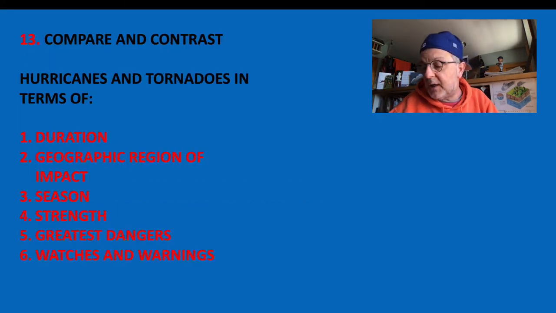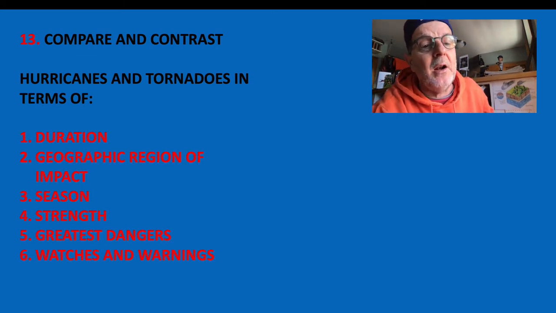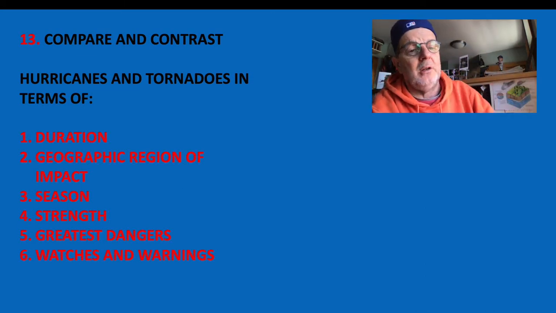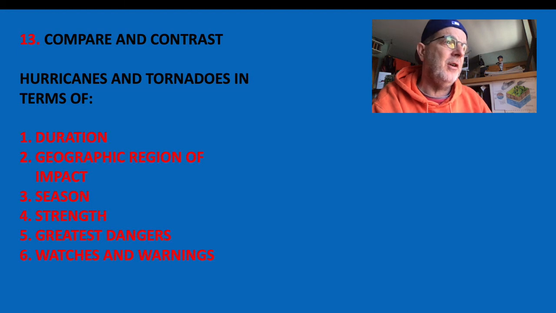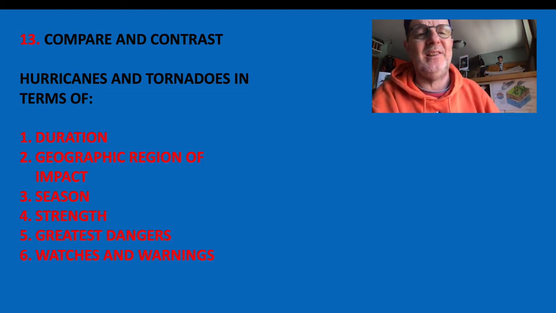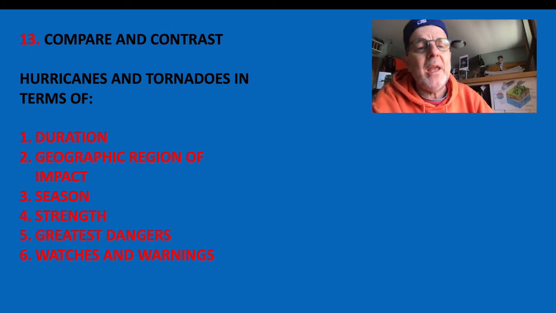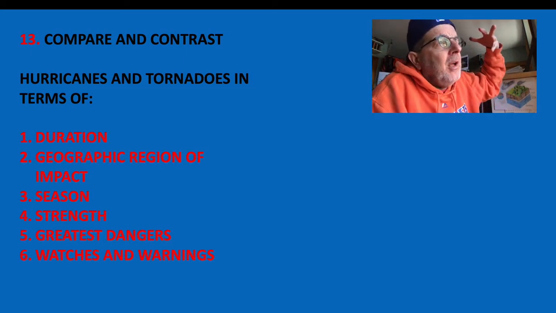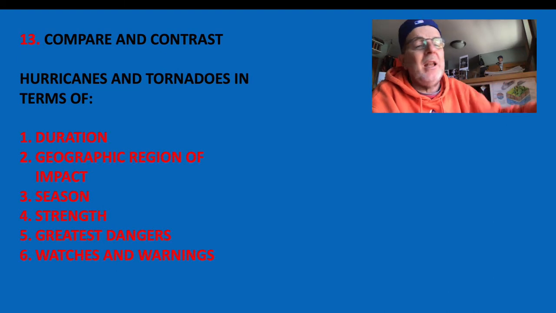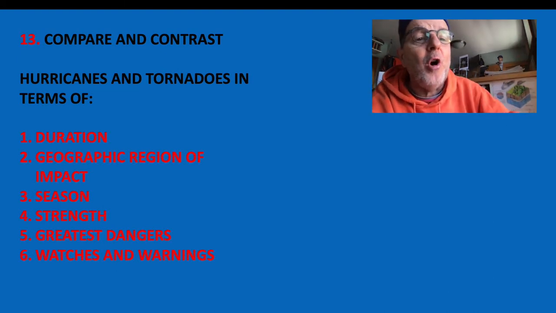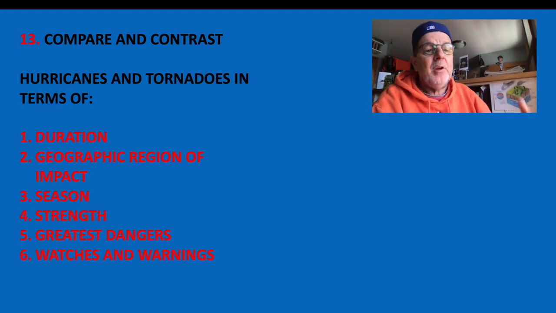Finally, number 13 in your little assignment is to compare and contrast hurricanes and tornadoes in terms of their duration. And I didn't really get into that with hurricanes, but hurricanes can last 24 to 48 hours, blowing their powerful winds and dropping their huge amount of rain on you. So the duration, how long does a hurricane last compared to a tornado?